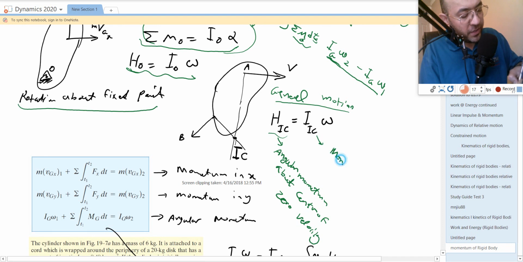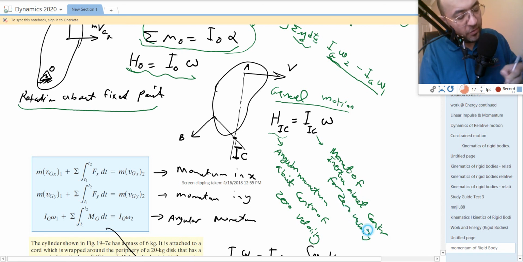I IC is the moment of inertia about the center of zero velocity. Omega is the angular velocity.